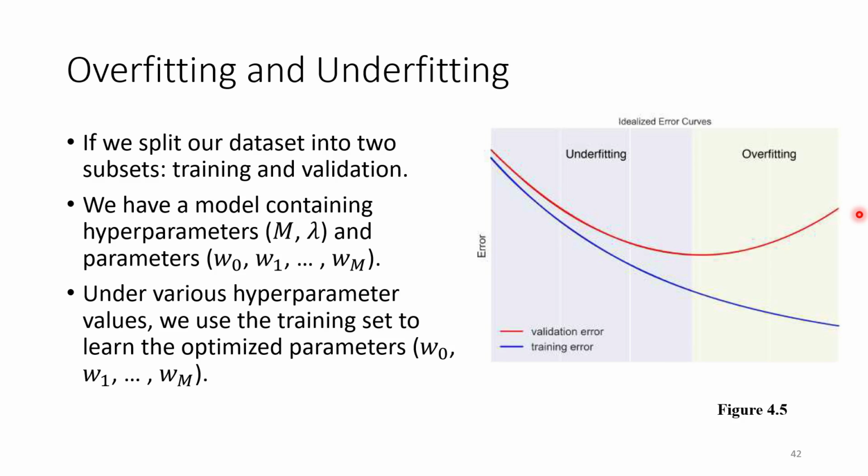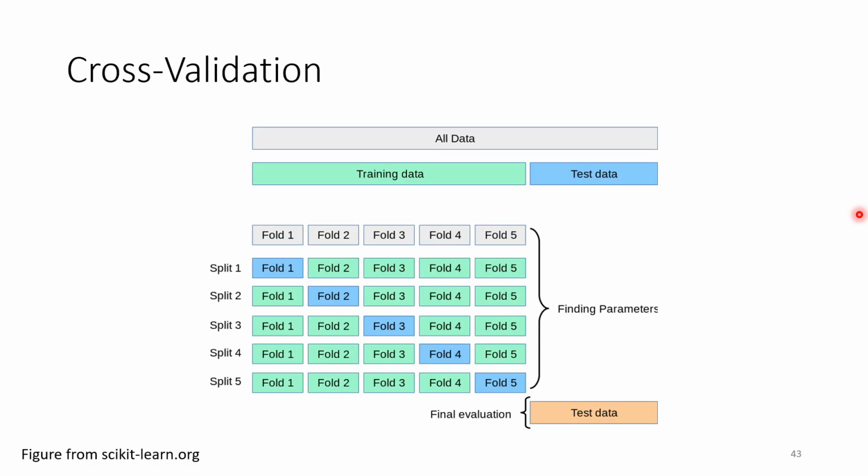Suppose we have a data set called all data. Usually we will split the data into 2 sets: one for training, called the training set, and another for testing, or validation here. There is a widely used practice called 5-fold validation.